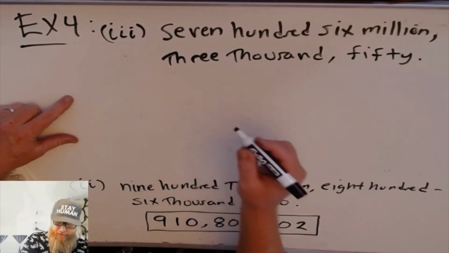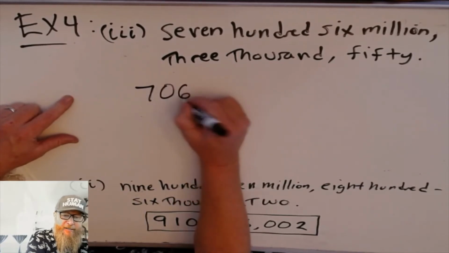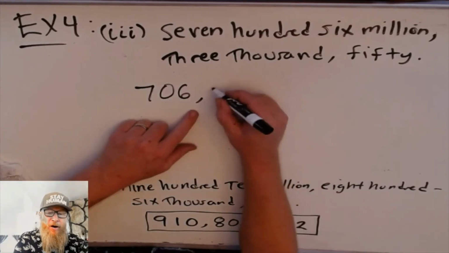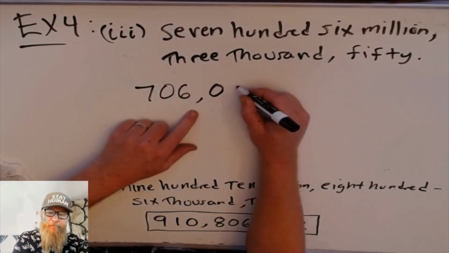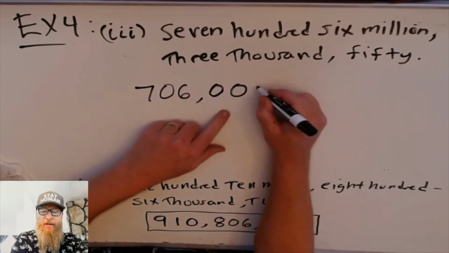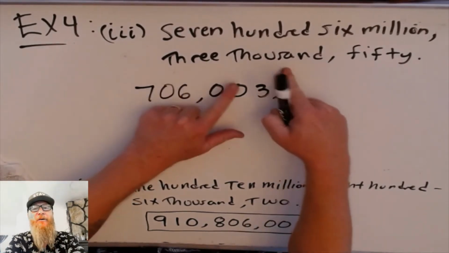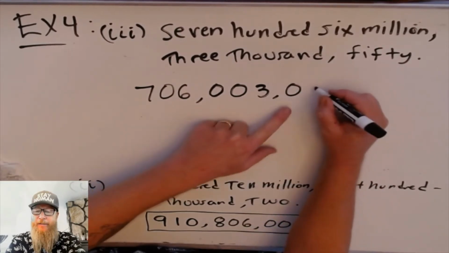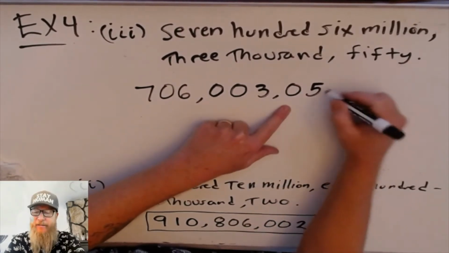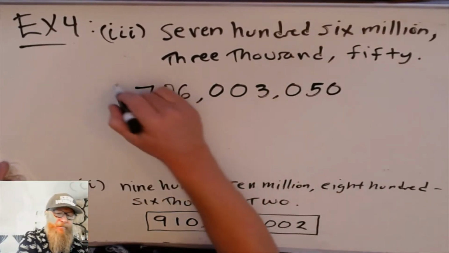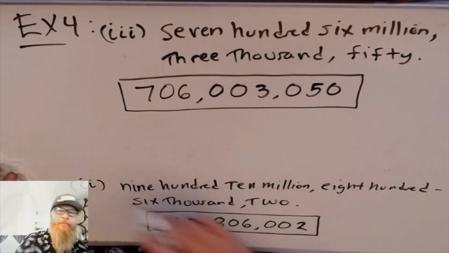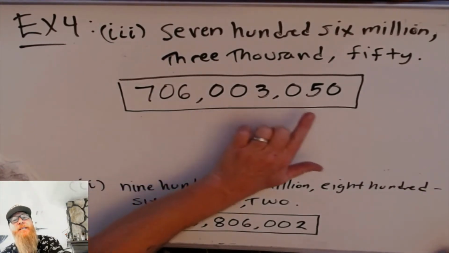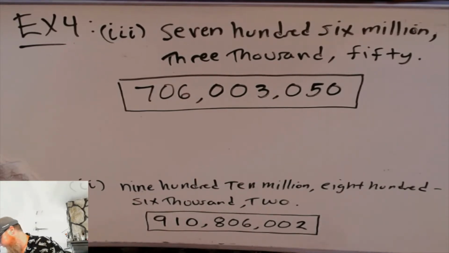All right, 706 million. No 100,000s, no 10,000s, 3,000, so put a 3 in the thousands place. No hundreds, 5 tens, no ones. So you got to be careful for the missing digits and make sure that they're in the right place.